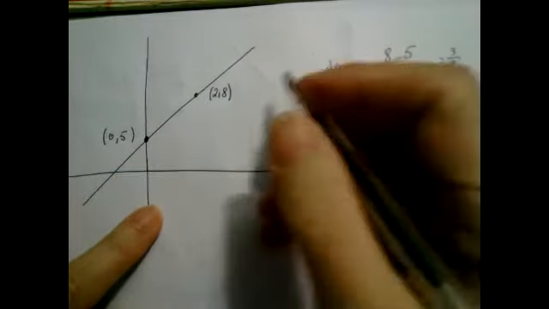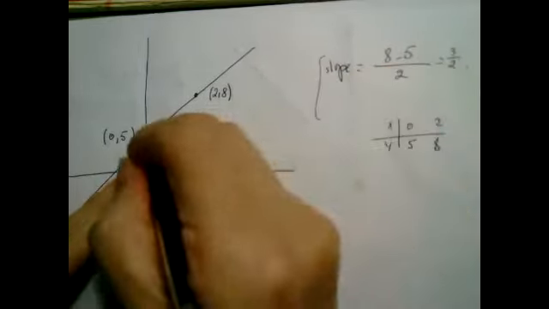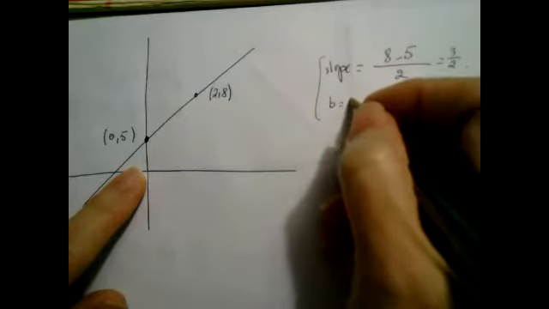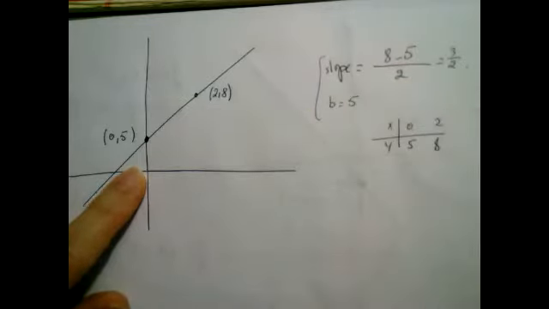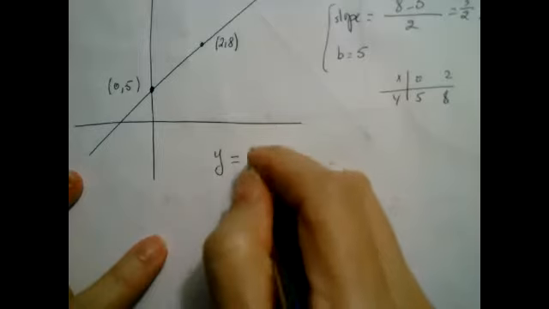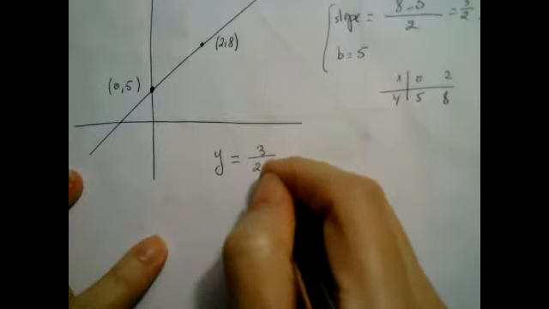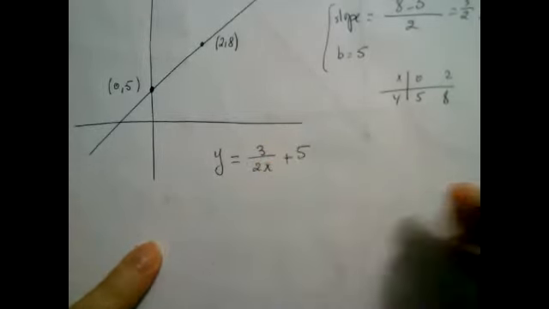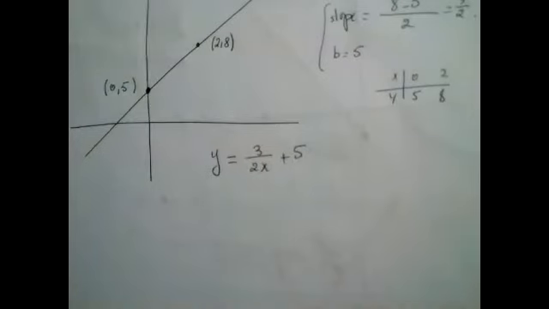And in this particular problem, I gave you the intercept. So the student wrote the following for the equation: y equals 3 over 2x plus 5. What happened? Why is the student getting this wrong?